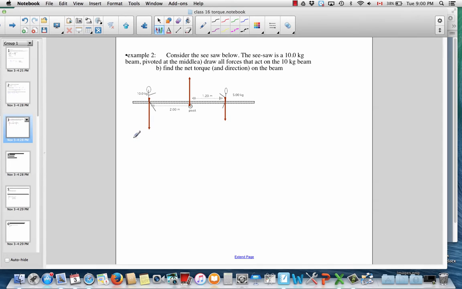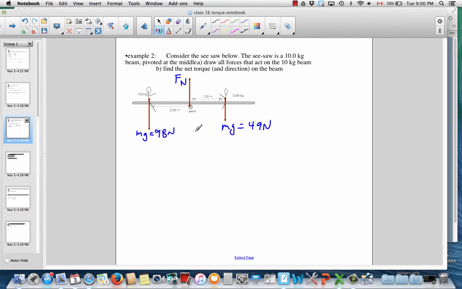So this is 10 times 9.8, so that's 98 newtons of weight. Mg is 98 newtons. Over here, mg will be 49 newtons, and then there's an unknown normal force here.